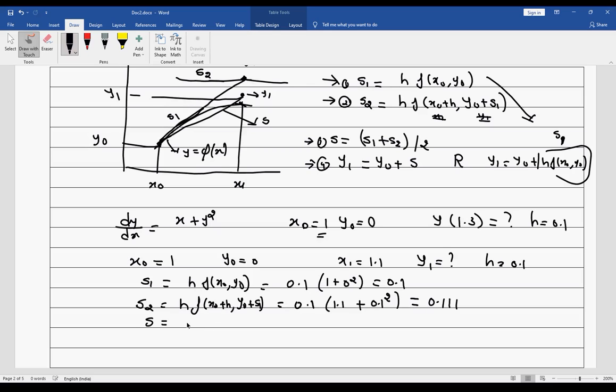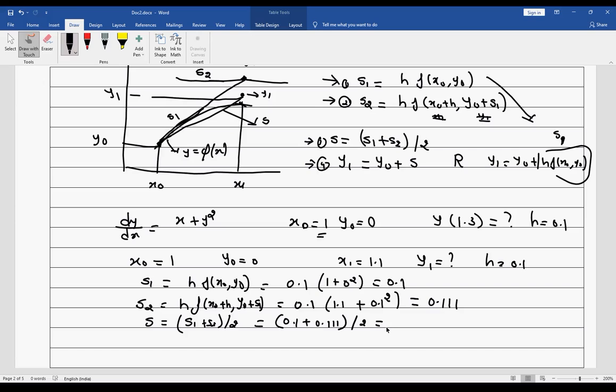So now my S will be S1 plus S2 divided by 2. So this gives me 0.1 plus 0.11 divided by 2.